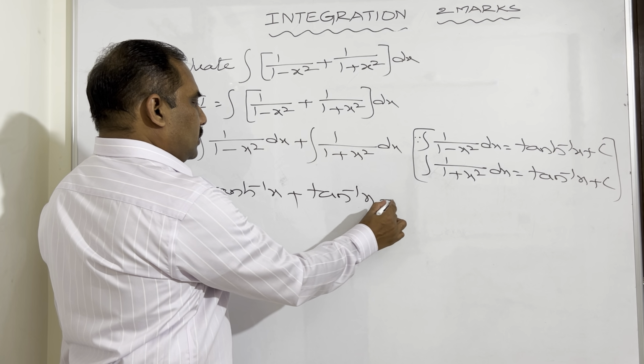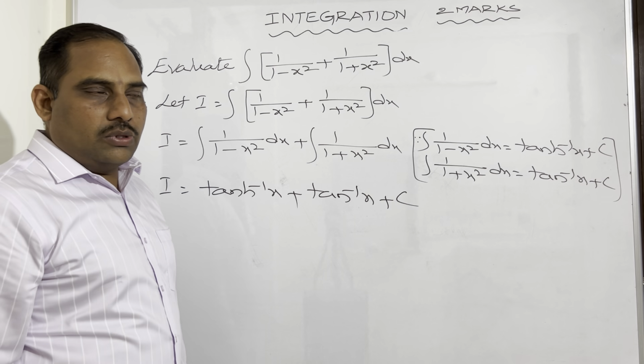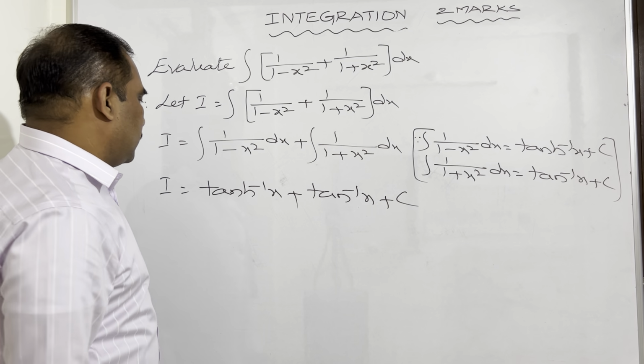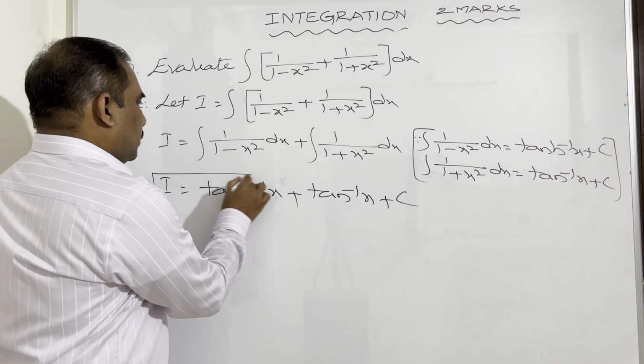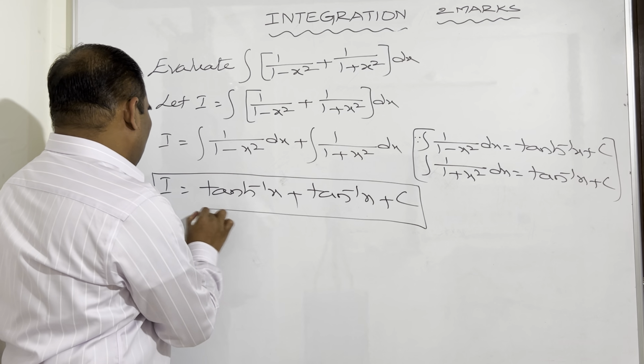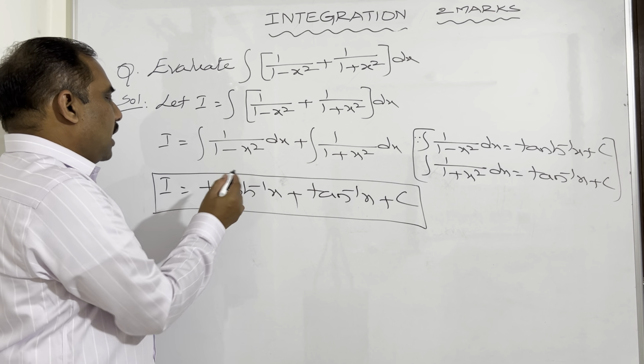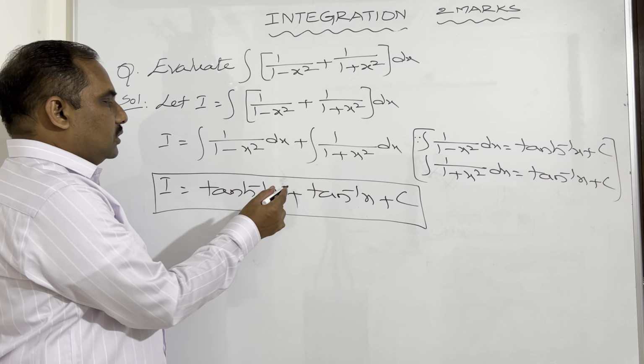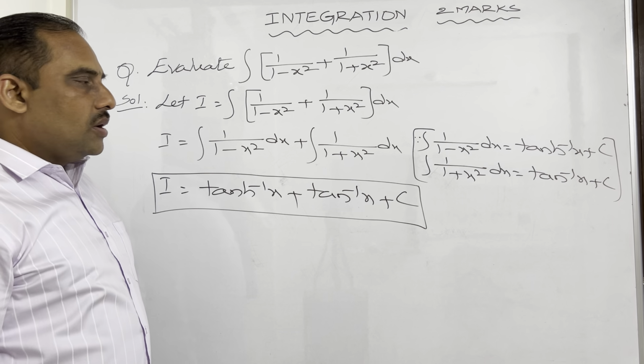Finally, after completion of the integral, we keep the integral constant c. So the solution of the given integral is I = tanh inverse x + tan inverse x + c.